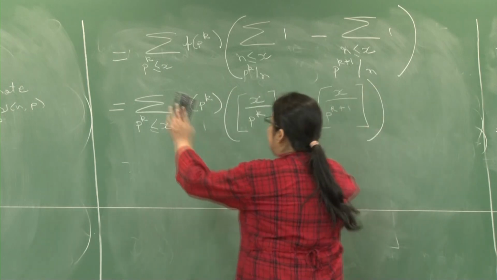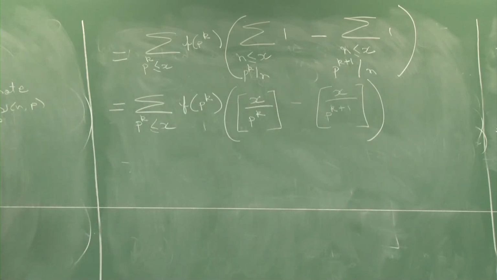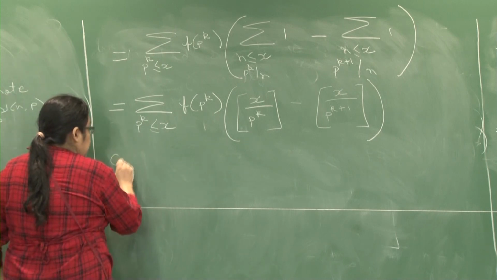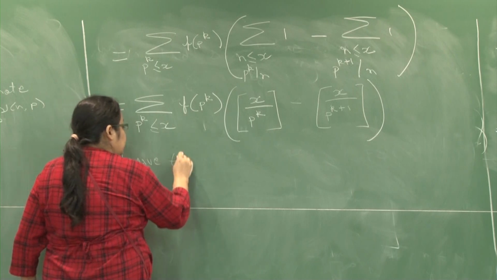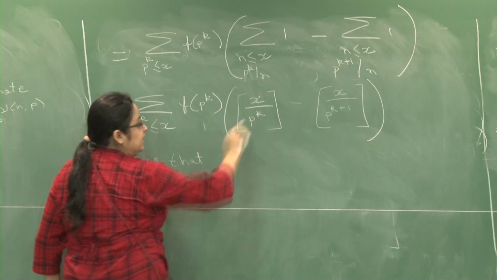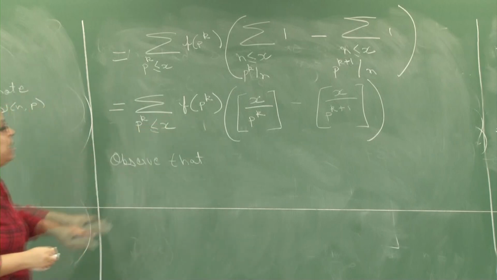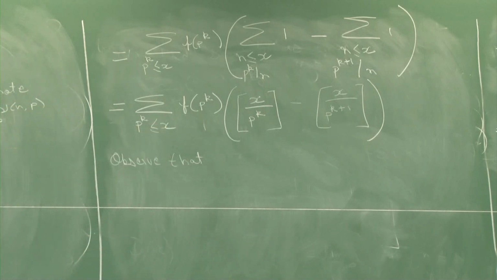Okay, now I want to make two observations. So far we have an absolute equality. What we do now is we give upper bounds as well as a lower bound for this. Observe that this inner thing is certainly bounded above by x over p to the k.